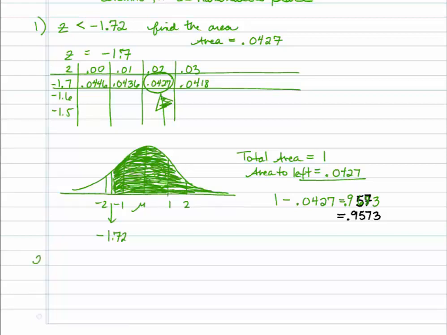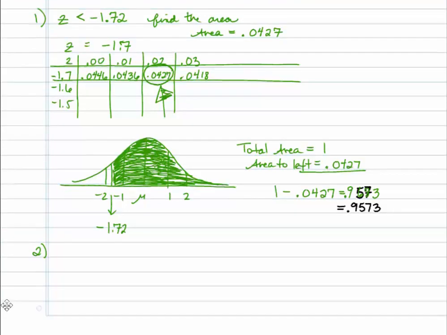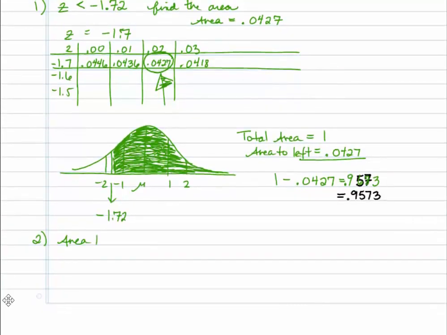One thing I'd like to do next is just maybe try to work backwards. So let's say for a second one, I don't actually have to give a graph for it at all. I could just say that the area to the right of Z is 0.20.